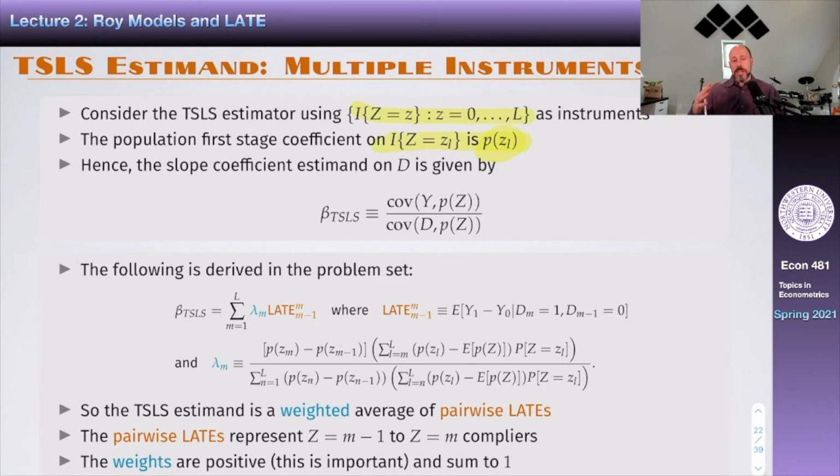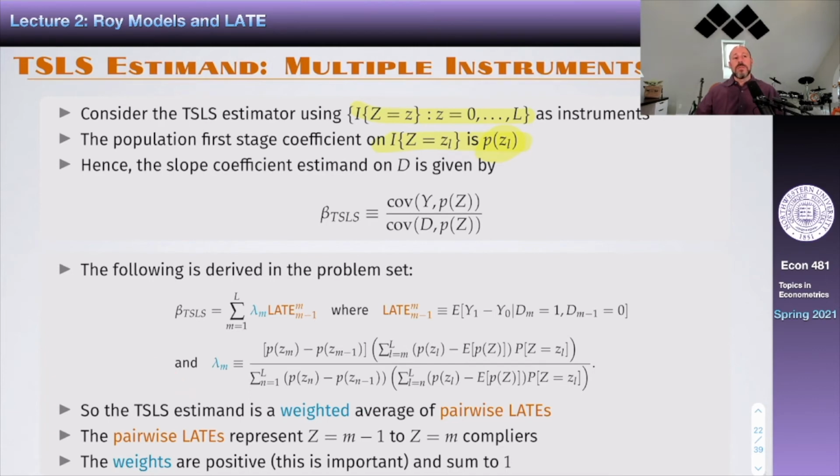Because the minute that you chose D equals 1 when Z was value 3, you're going to choose D equals 1 for 4, 5, 6, and so on. Anyway, in addition, I think it serves to show that this expression over here is way less clean and transparent than the one that you obtain in the binary Z case.